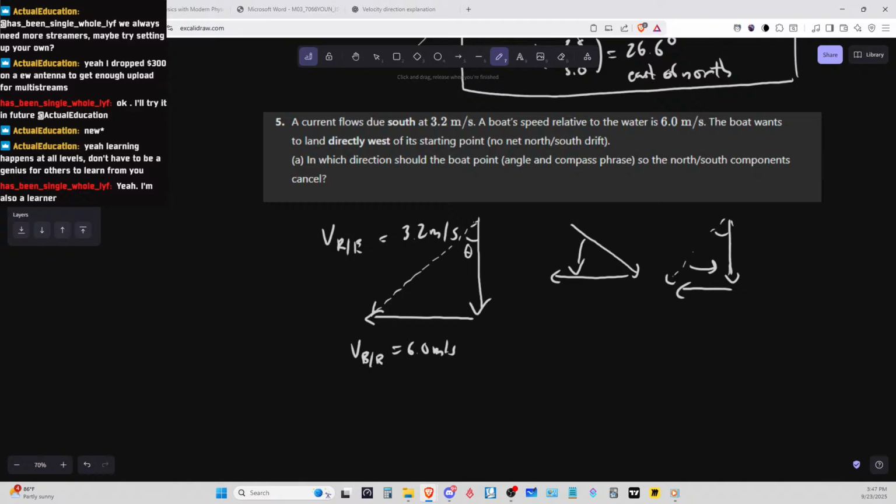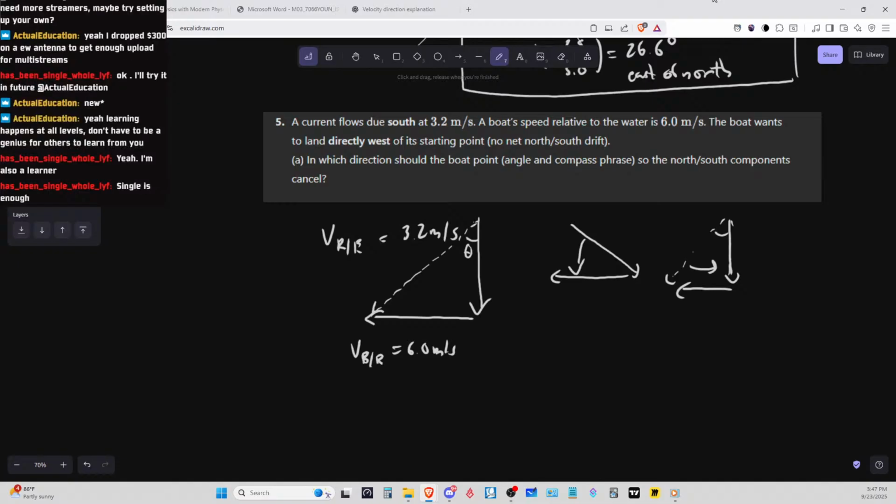I do like the wordplay in it though. How would you like to be called? If you want me to pronounce the whole name, I'll pronounce the whole name. So, okay. Single's enough? Okay, cool.